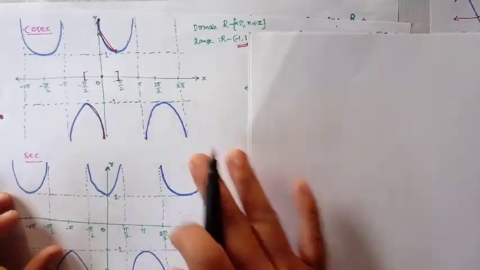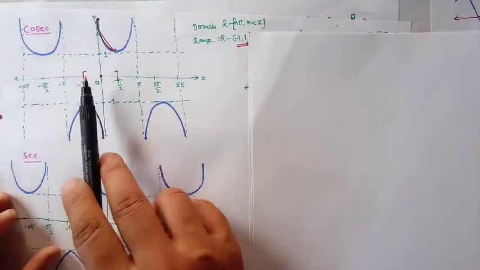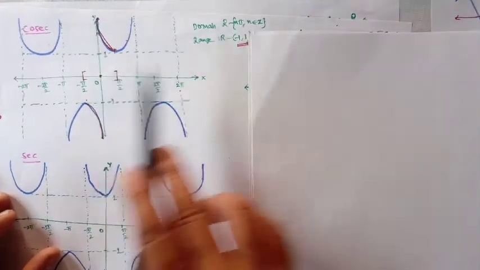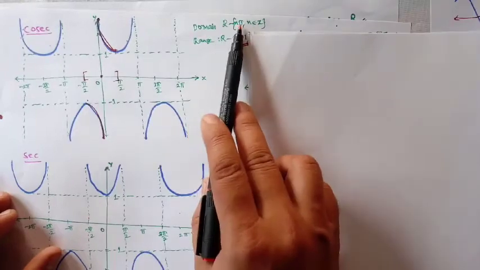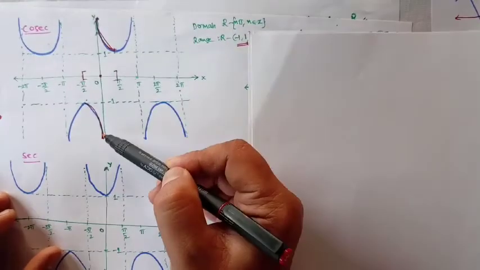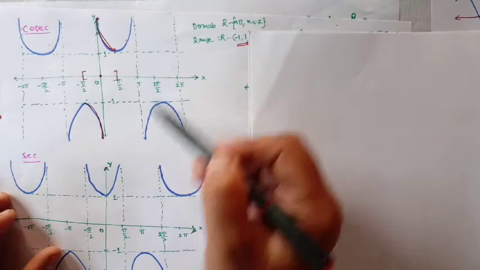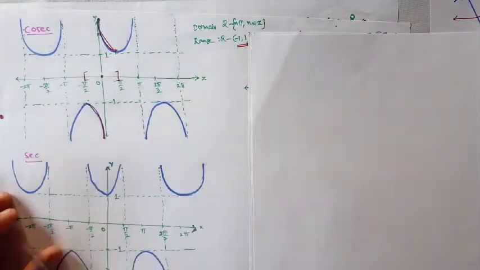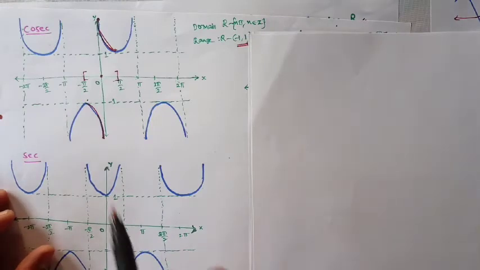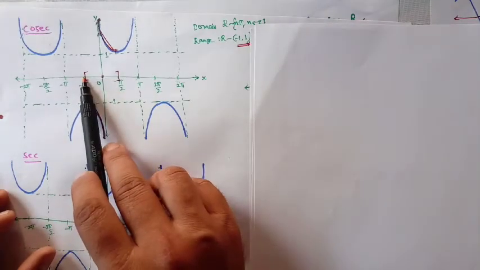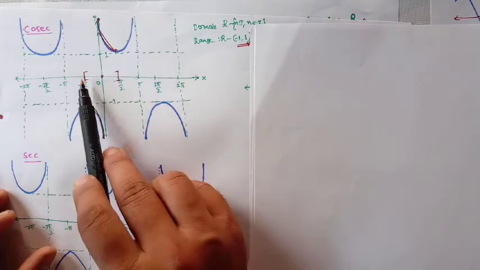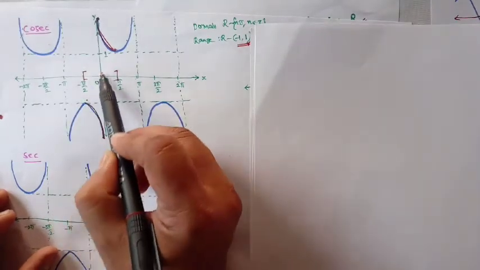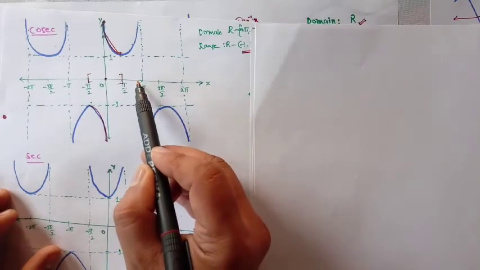Now we see the graphs. From the total real number system, we accept all except the places of n pi. So 0 should not be taken, pi and 2 pi are not defined, minus pi and minus 2 pi are not defined, and between minus pi and plus pi the graph of sine is going to be this way.